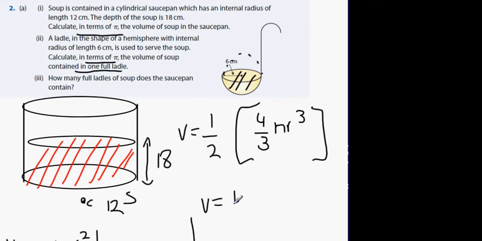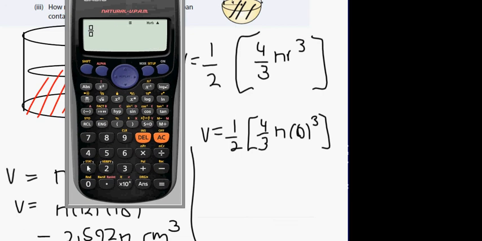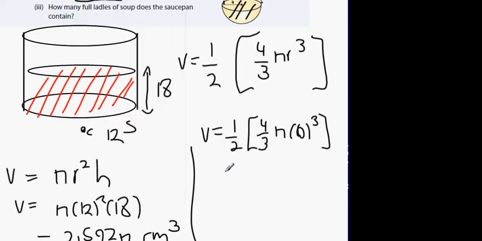So volume equals a half multiplied by 4/3 multiplied by pi multiplied by 6 cubed, and close the bracket, and what you get there is 144 pi. So V equals 144 pi, once again centimeters cubed.